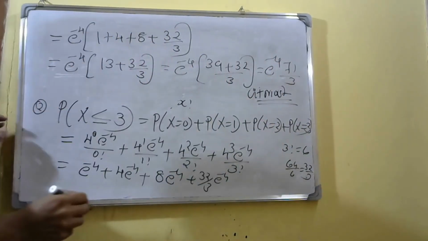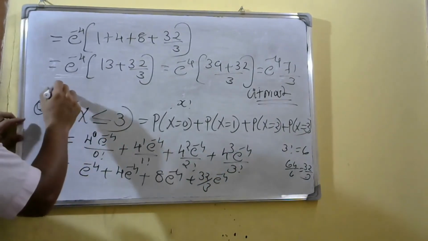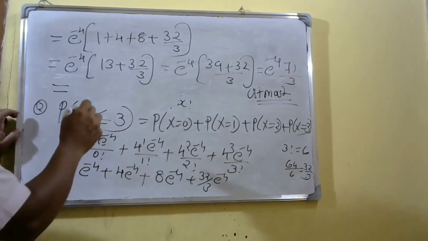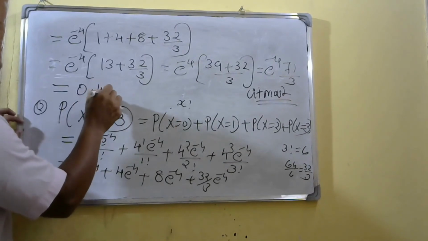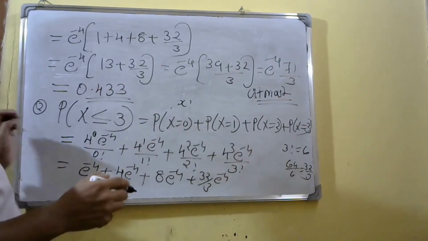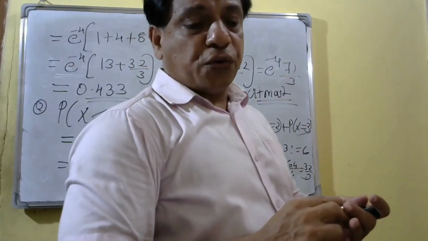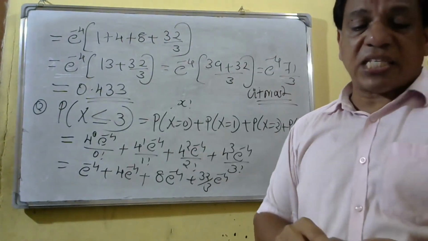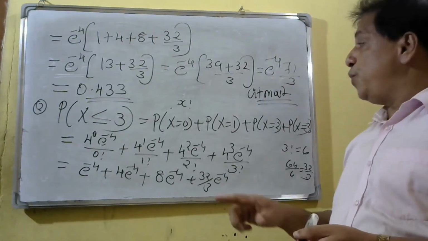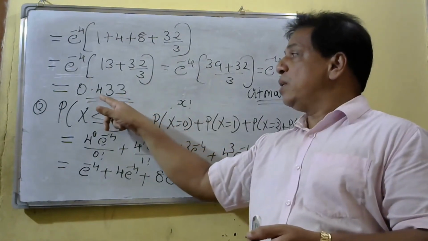When we calculate this value, we get 0.433. Therefore, the probability of at most 3 accidents on the section of highway during a 2-week period will be 0.433.